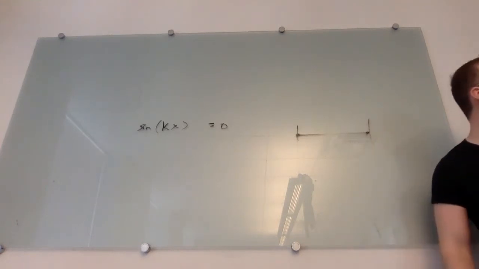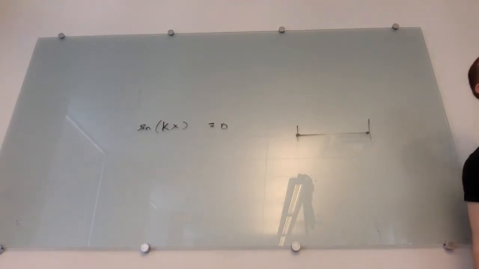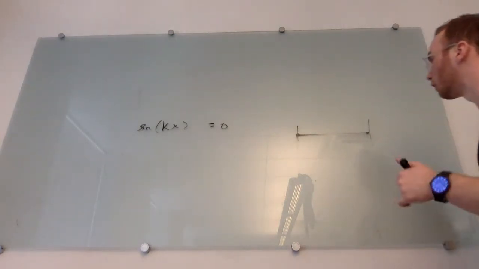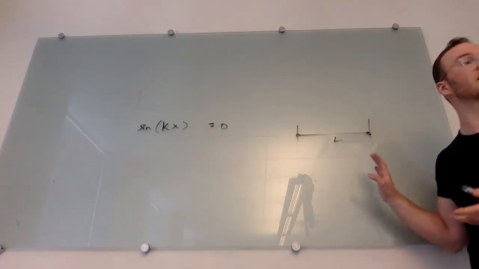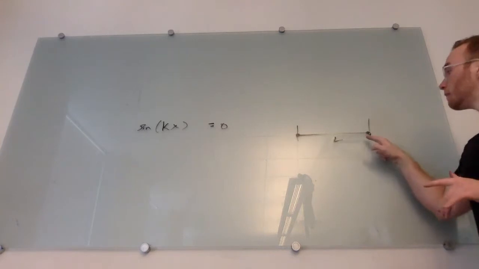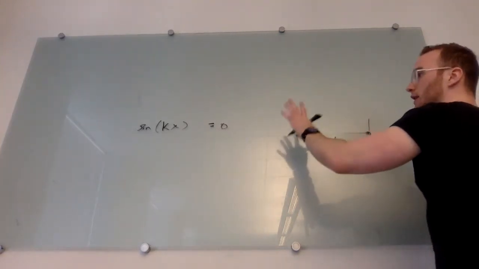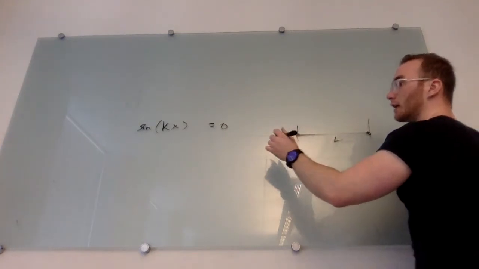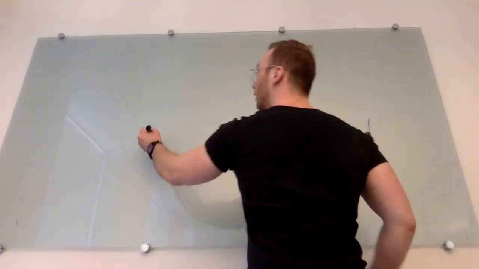Actually, I think I did this in the first one of the math review things. If this is a length L, this is like a standing wave, right? If you have a string with a length L, and you want it to vibrate, there's some time dependence, that's fine, but the spatial dependence has this form.